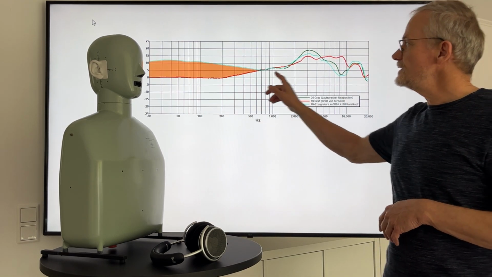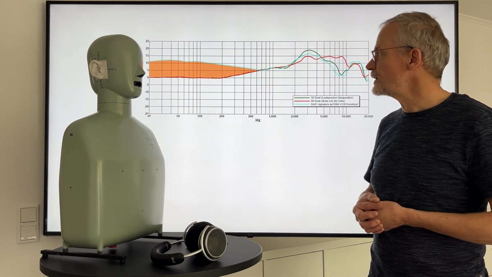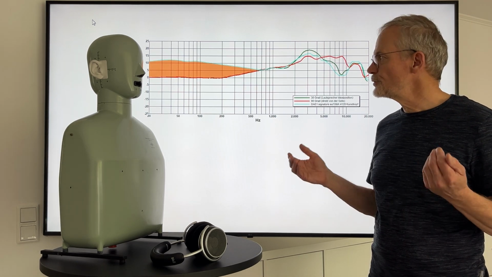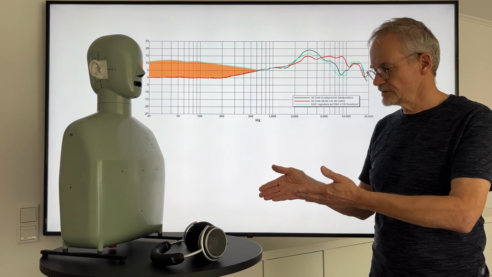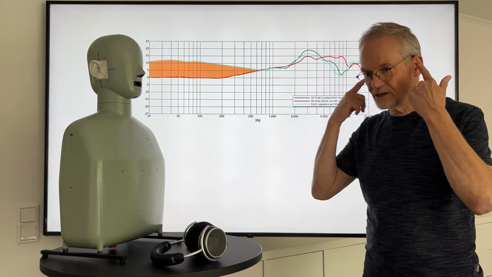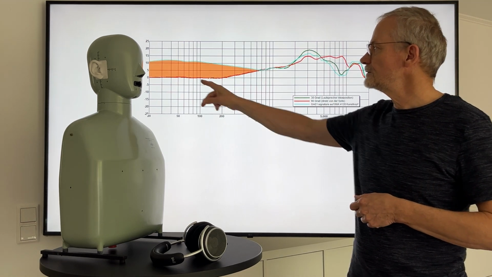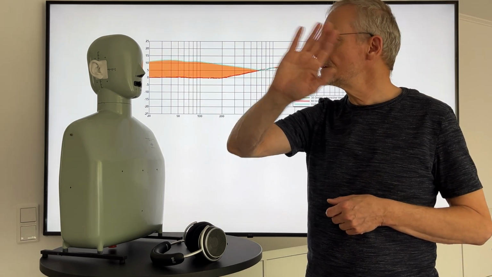What you can see here in the bass might look strange at first view, but there are two things that we don't have when we're listening to headphones. We can't perceive the sound with our body. We are just hearing with our ears, and we are just measuring the sound here with one speaker in the 30 degrees position.